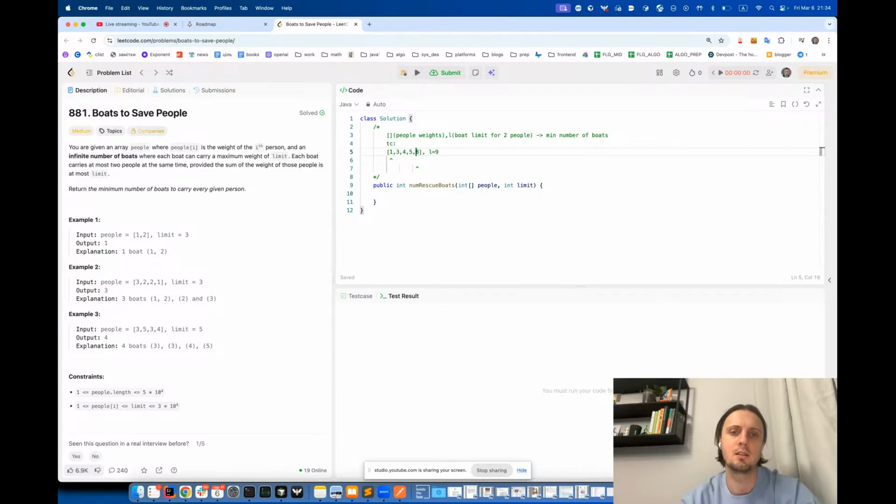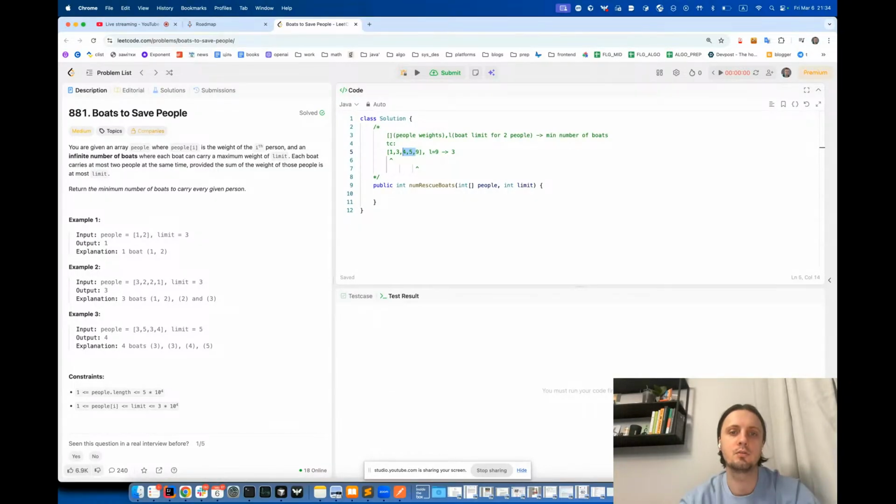Here the result would be like we can put 8 and 1, then we can put 3 and 5 and just 4. So here we need actually 3 boats. But what if we have here 9 and we cannot put it, so it would be a separate person.